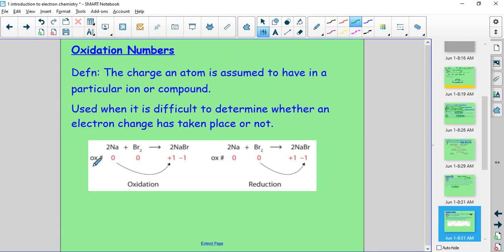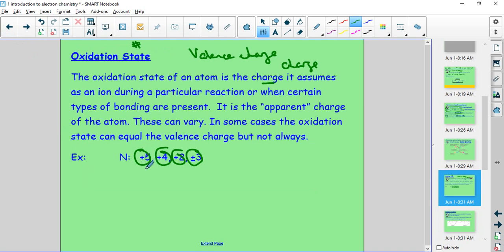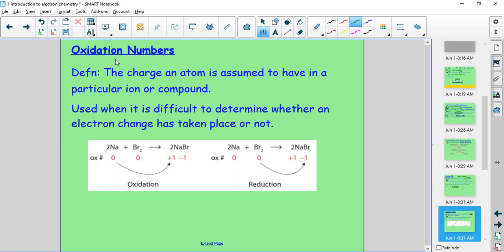So it won't always have that most common +5 charge. It may have other charges. So simply looking at a periodic table won't tell us what charge it has. Although those are the most common charges, it can have others. So we're going to then figure out what those charges are.